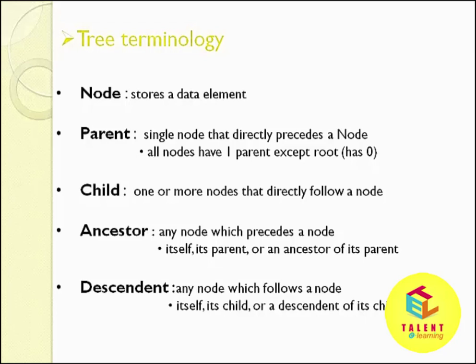Ancestor. Any node which precedes a node, itself, its parent or an ancestor of its parent. Descendant. Descendant is any node which follows a node. It can be itself, its child, or a descendant of its child.